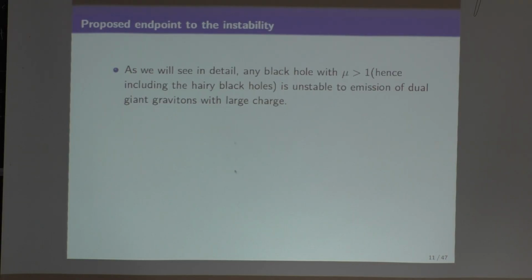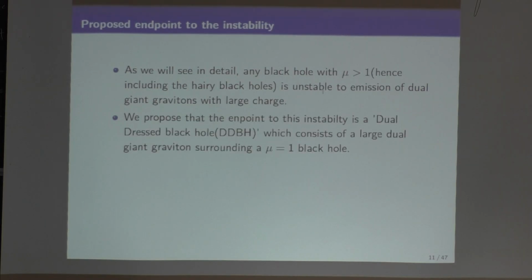Okay. So we will see that any black hole with chemical potential greater than 1 will be unstable to emission of dual giant gravitons with very large charge, and I'll explain what this means. What we propose is that the endpoint of this instability is what we call dual rest black holes. These are solutions which consist of a very large dual giant graviton surrounding a mu equals 1 black hole.